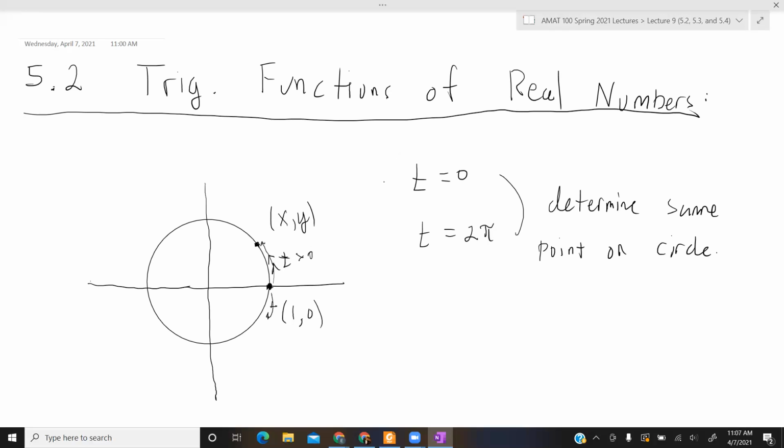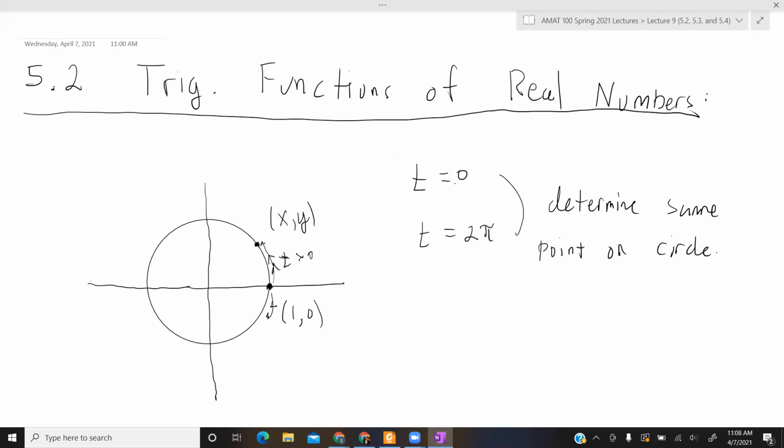In other words, if we're thinking about these in terms of functions, this is not an injective function, because I can find 2 values of t. So we're thinking of a mapping between real numbers and points on the circle.